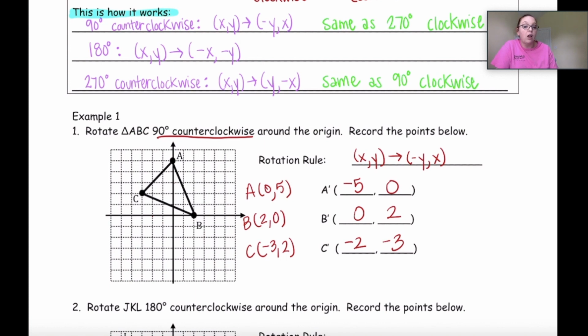Now I'm going to plot those points on my graph and then connect them. A prime is at (-5, 0). B prime is at (0, 2). And C prime is at (-2, -3).